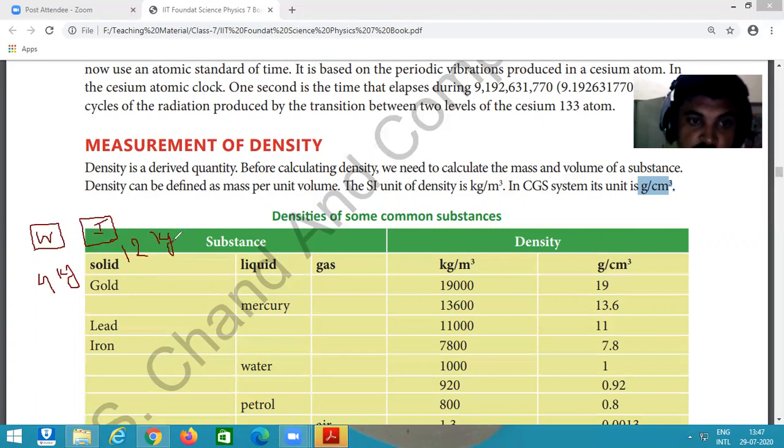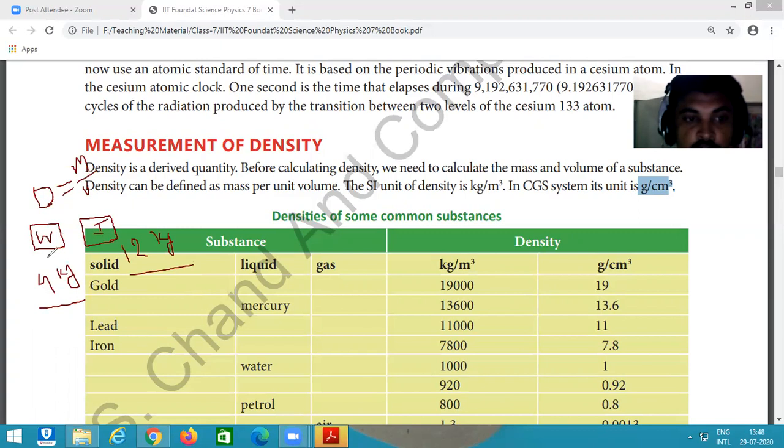The mass of the iron block is higher than the wood block. The formula of density is mass upon volume, or mass per unit volume. By this formula we can calculate the density of the wooden piece or the iron piece. The mass of wood is 4 kg and the mass of iron is 12 kg.